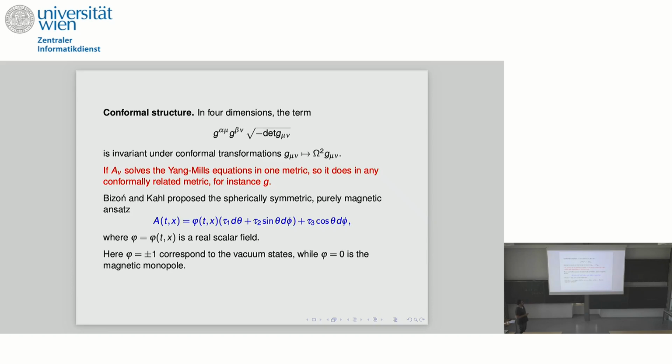So we are going to take the metric g, as I told you before. And what is really interesting is that Bizoń and Chmaj proposed a particularly symmetric, spherically symmetric, purely magnetic ansatz, which is written here.